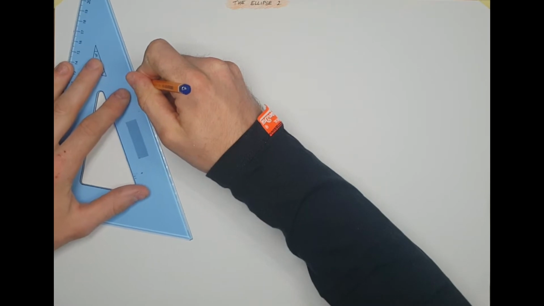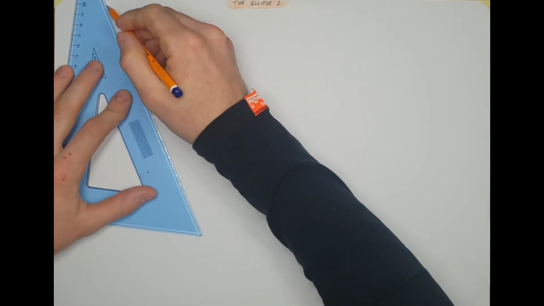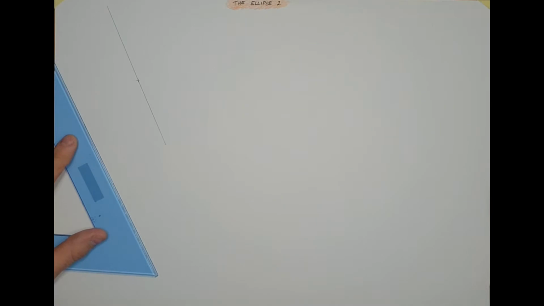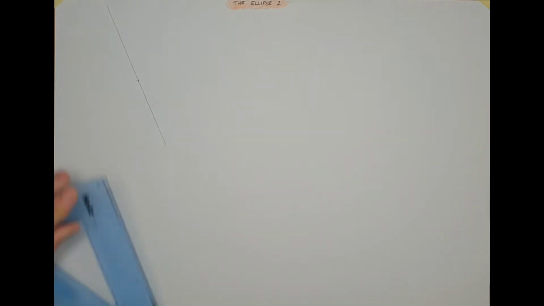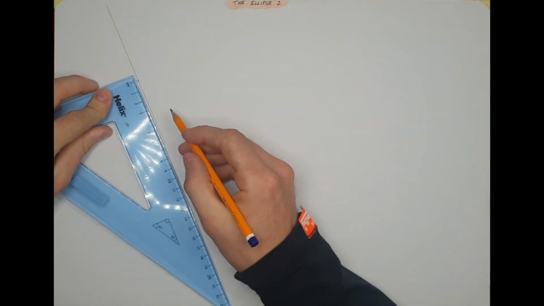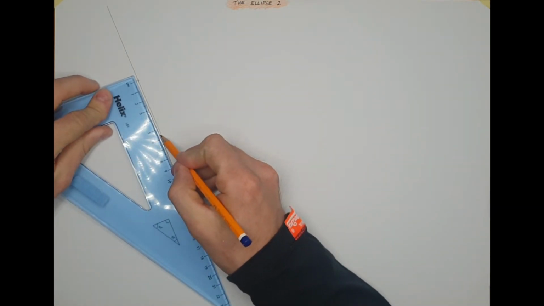Now I have no idea what angle this line is at, but there we go. So there's a line gone through it at some angle. On that line there is going to be the major axis, and we're going to draw a 56mm circle.